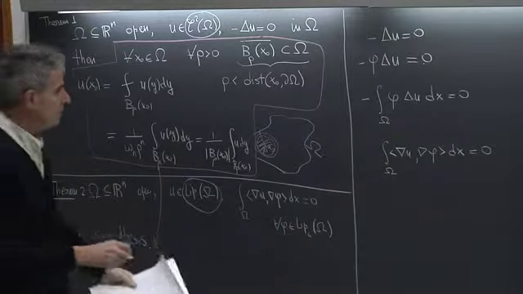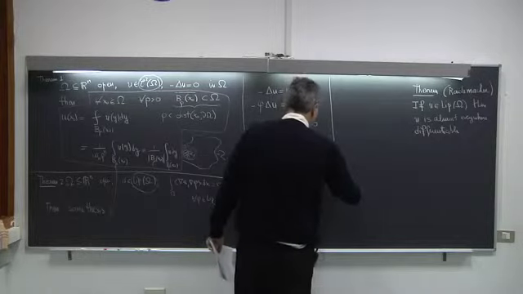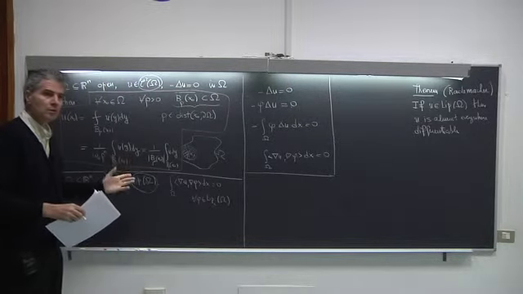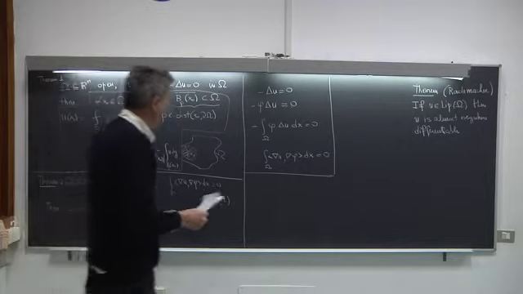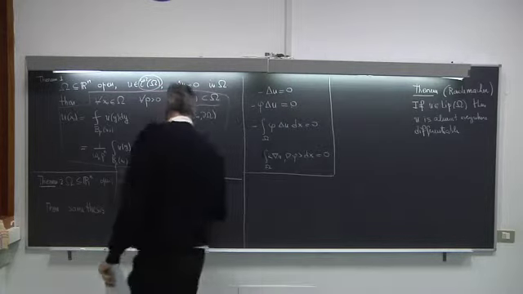Let us try to prove it, remembering that we can never write explicitly the Laplacian of u, because this is not possible. So let us take, so these are called test functions.